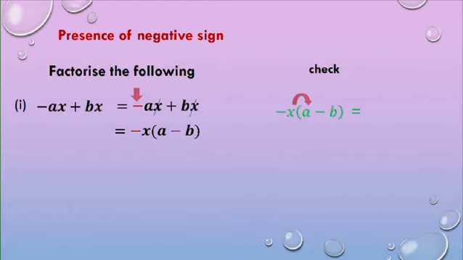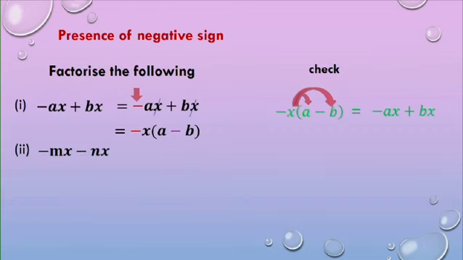Now if we multiply minus x by minus b, we have positive bx, because negative multiplied by negative is positive. This confirms our answer in factorization. That is, factorizing minus ax plus bx is minus x into a minus b.